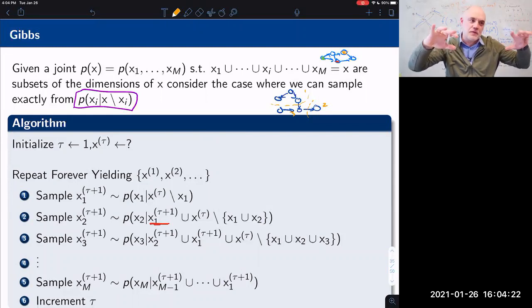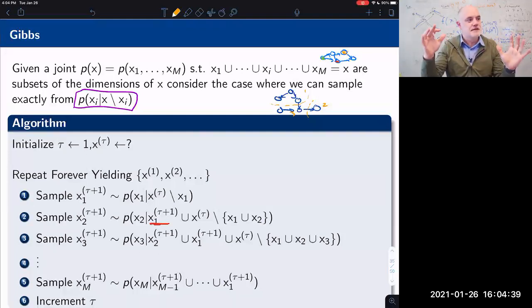We'll get into super precise notation when we start talking in the probabilistic programming notation, but it gives you a subset of the random variables whose conditional distribution you can derive, and then you sample all of those conditioned on the values of everything else, and then you move to the next subset. So M is the number of subsets.